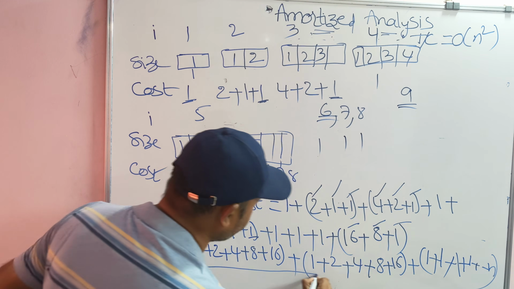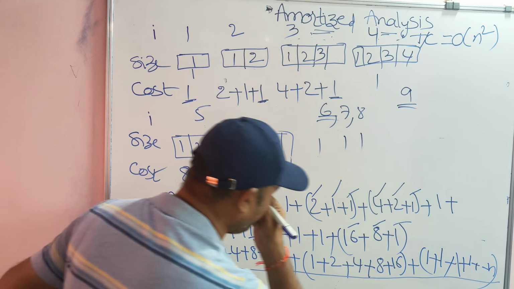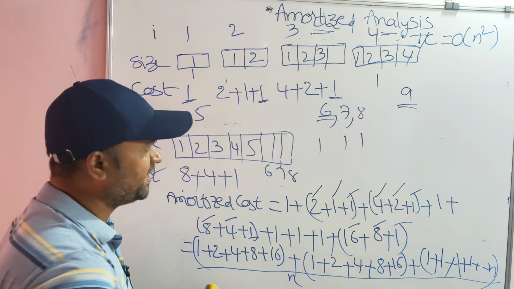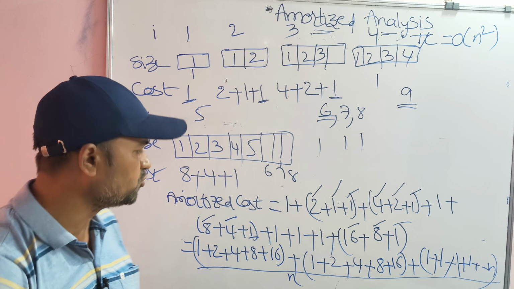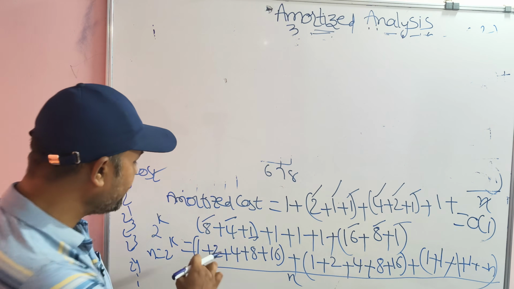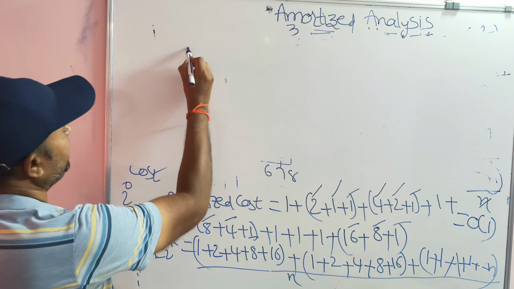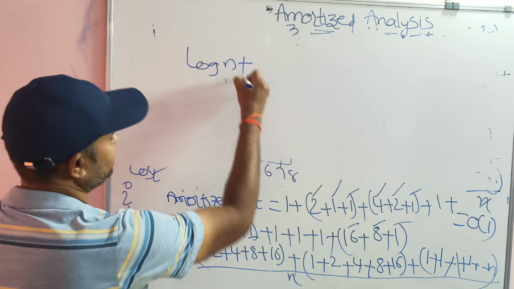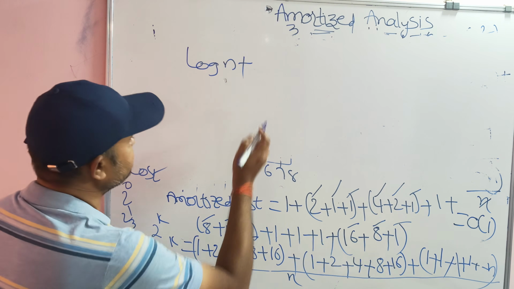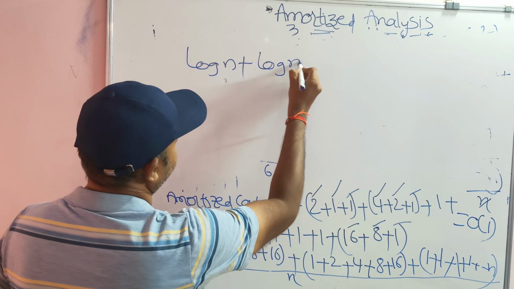So this is nothing but the total cost of all the operations divided by the number of operations. Let me have n operations, so n. The time complexity for this series is log n plus, this is also the same kind of series, so log n plus.